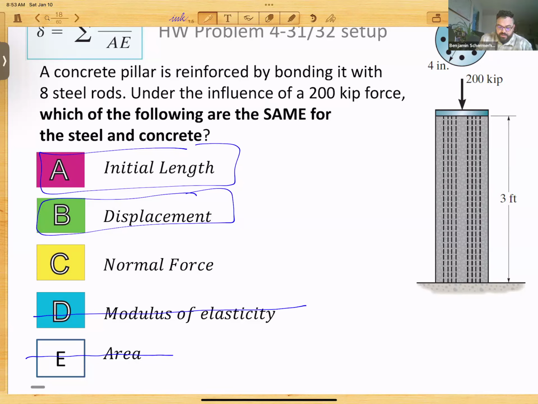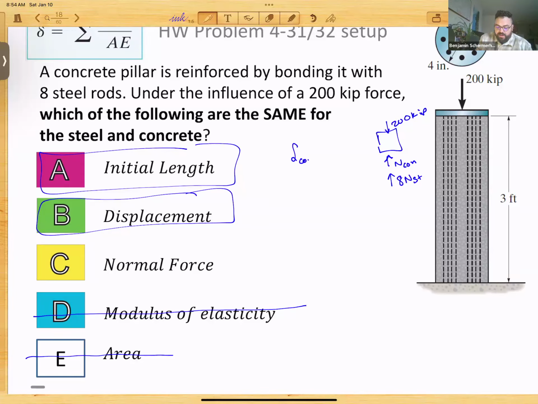here, let's do it this way, actually. I think this will help. So we have 200 kip acting downward. We have the normal force for the concrete. And we can think about it as 8 different steel shapes, so we could do 8 times the normal force for the steel.